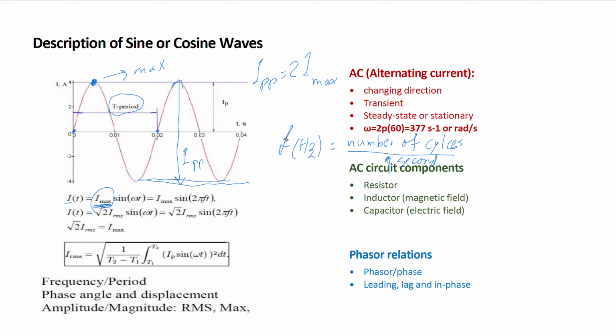Frequency is how many times we have a full cycle in 1 second, and period is how long it would take for one full cycle. That means the period is 1 over f, or frequency is 1 over the period. Now, when we talk about the radian, we always work with the omega when we talk about the sinusoidal.